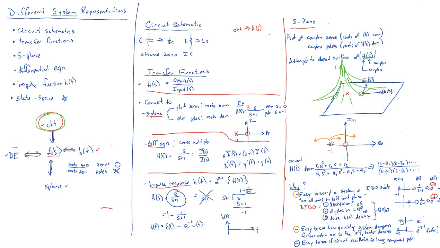So if we were to pull this pole off the real axis, you can't have a single pole off the real axis. You always have complex conjugate poles off the real axis. Whatever has a positive imaginary component will also have a negative imaginary component. And then you know from our inverse Laplace transforms that then that causes an oscillation.